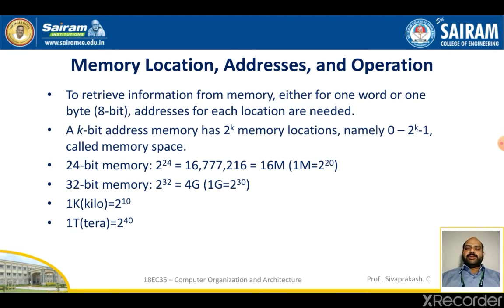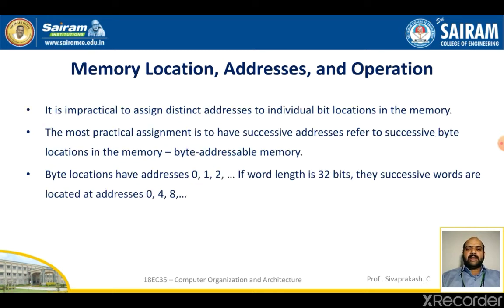A memory location can retrieve information from memory or store data. As we have come across, with 32 bit addressing there will be 4 gigabytes of memory. 1 kilo is 2 to the power of 10, and 1 tera is 2 to the power of 40. This is the memory space present.